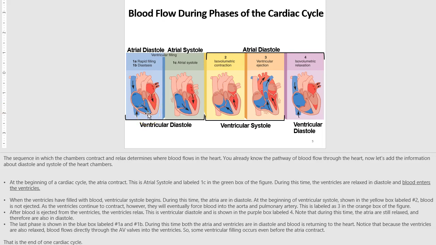The AV valves will open and the blood will get into the ventricles. So ventricular filling does occur even before the atria enter systole. Ventricular filling occurs during both atrial diastole and atrial systole. That's the end of one cardiac cycle.